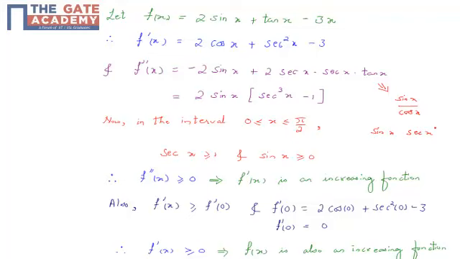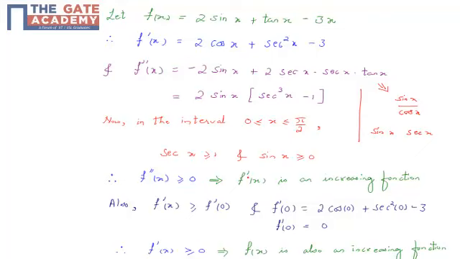Fine. So now in the given interval 0 to pi by 2, sec x is always greater than or equal to 1 and sin x is also always greater than or equal to 0. So I can say that f double dash of x is always greater than or equal to 0.